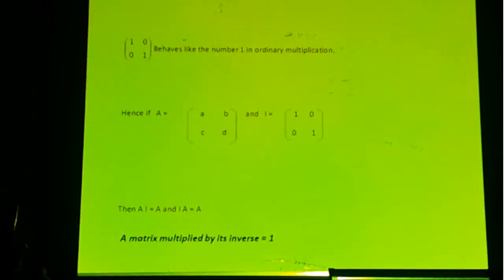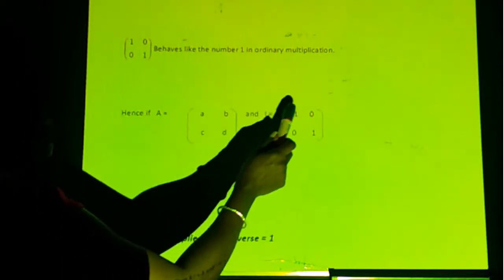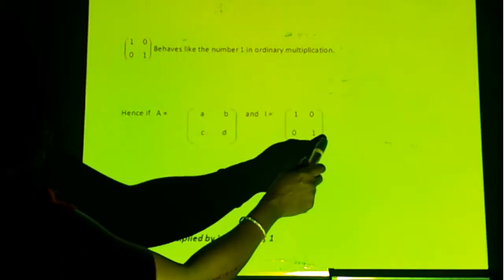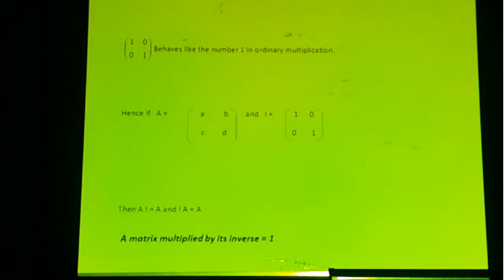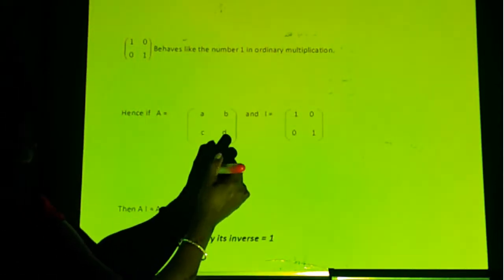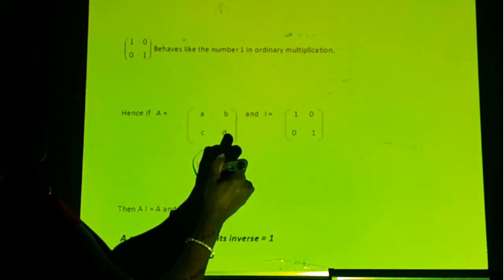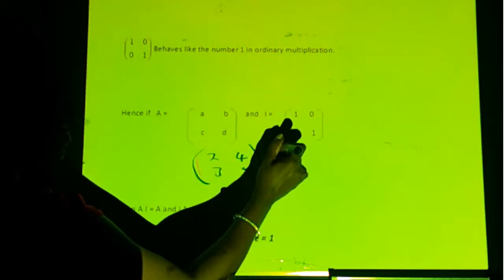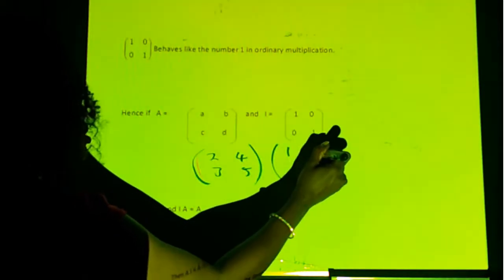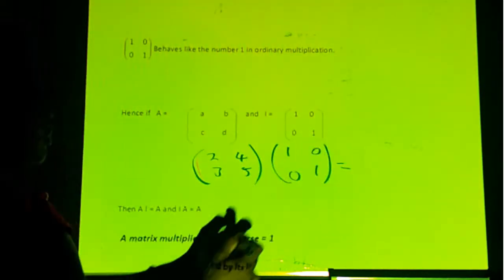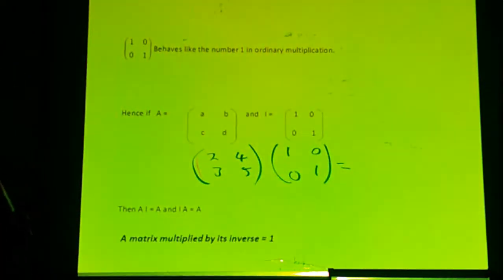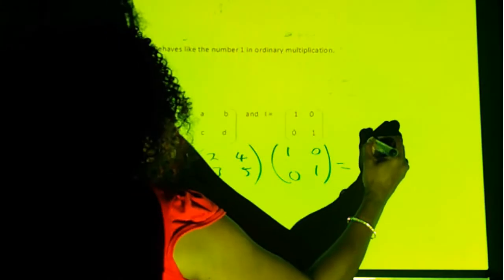So if we have any matrix and we multiply it by the identity matrix, what do you think we'll get? If I have a matrix 2, 3, 4, 5, and I multiply it by the identity matrix, and if this behaves like 1 in a normal multiplication, then what is the final answer when I multiply?